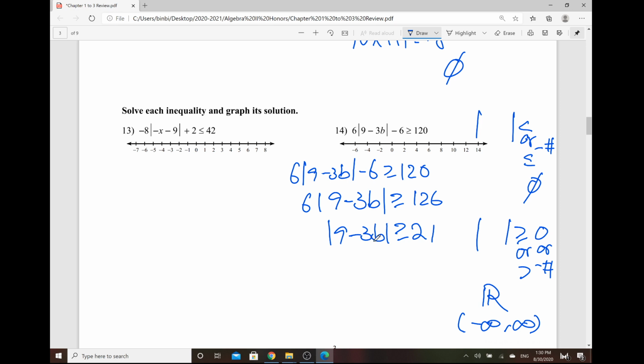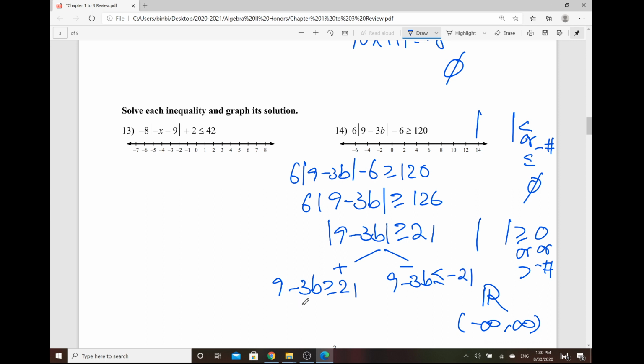And now from here, we can just split it, positive and negative. For the positive, we just keep the original inequality without the absolute value. And then for the negative, the left-hand side is the same, but for the inequality you want to flip the sign, so it turns out to be less than or equal to, and the constant turns into its opposite, negative 21.